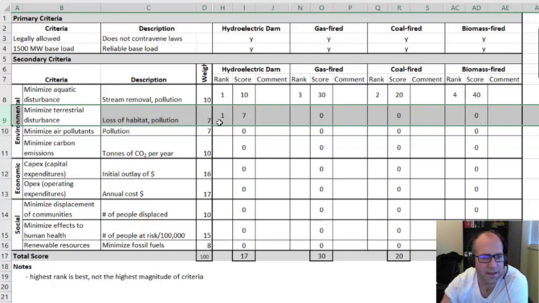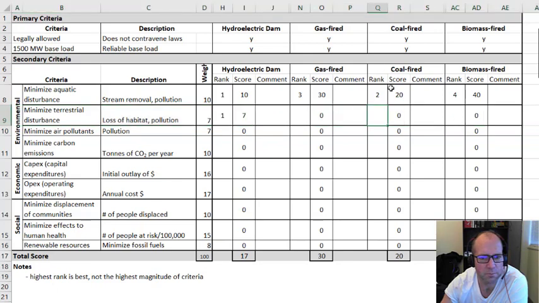And now having said that about the hydroelectric dam, I'm actually going to change my mind. A coal-fired plant has generally a coal mine to go with it, and that is going to have an extraordinarily large terrestrial disturbance. So that makes hydroelectric number 2, and then we have gas and biomass, and let's say the gas-fired plant leads to cut lines and other infrastructure on the land.